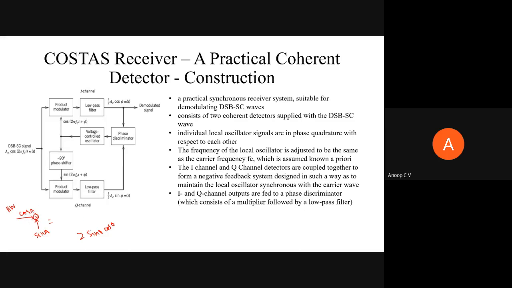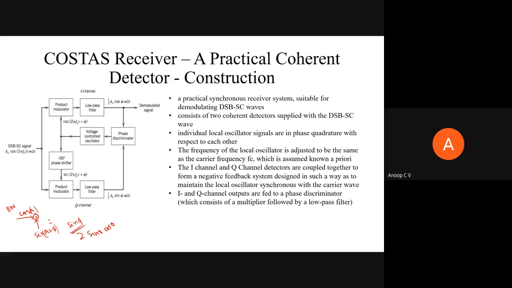Instead of a and a, if one is cos a and the other one is cos a plus phi, the sum will be 2a plus phi and the difference will be phi. So there will be a sin phi term left out.